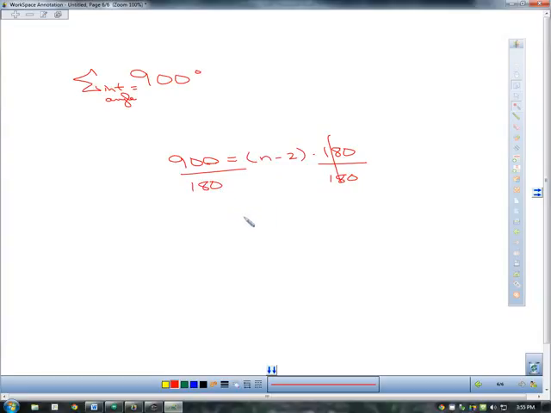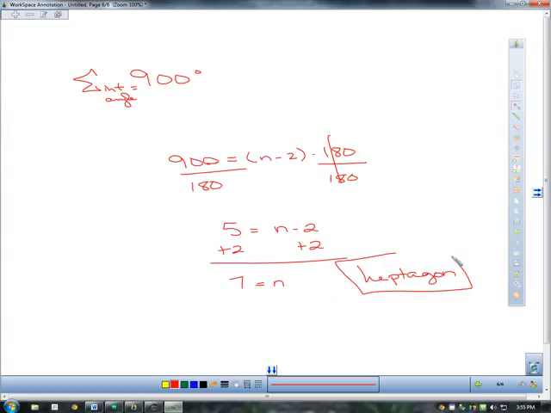And when I do that, I get 5 equals n minus 2. Well, now I got to get rid of this 2. I'm going to do so by adding. So I get 7 equals n. So what is the name of a 7-sided figure? And that would be a heptagon. So heptagon would be your answer. Okay?